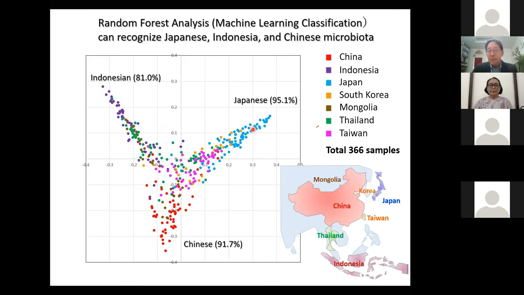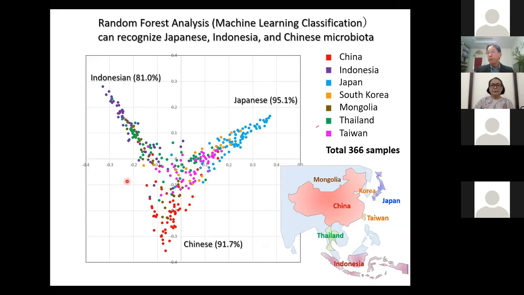This is very understandable because of the geographical location: Thailand is between China and Indonesia, and Taiwan is between Japan and China. And also you can imagine the type of food: Thai food is kind of between Indonesian and Chinese, and Taiwanese eat food between Japanese and Chinese, and so on.